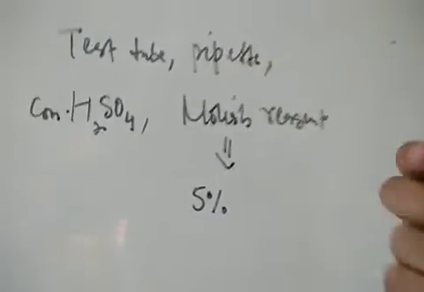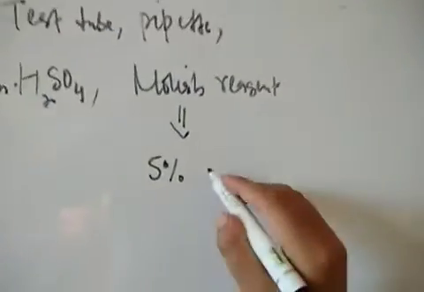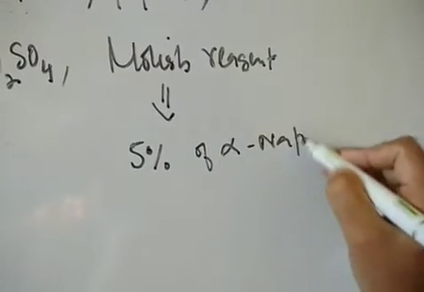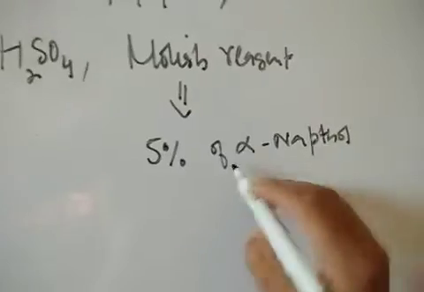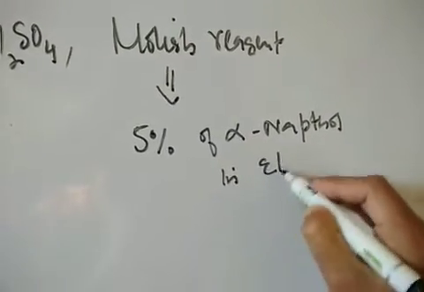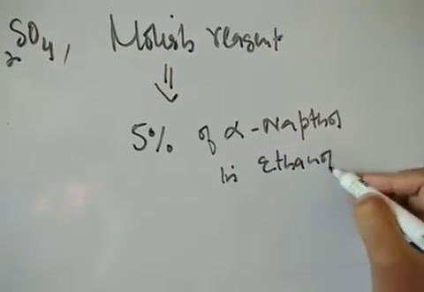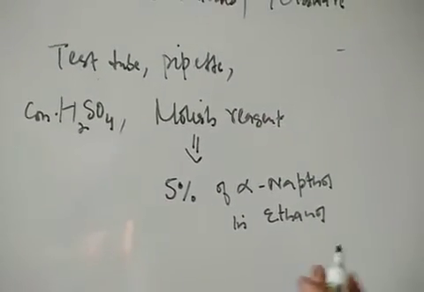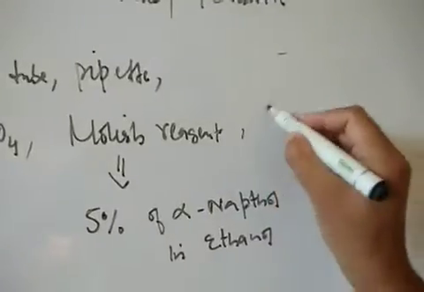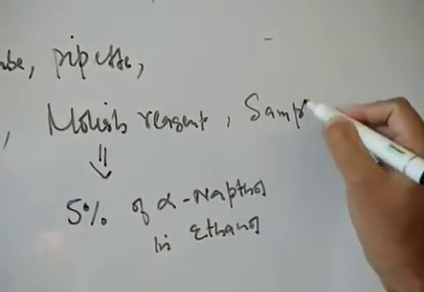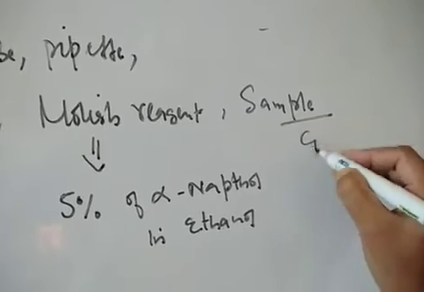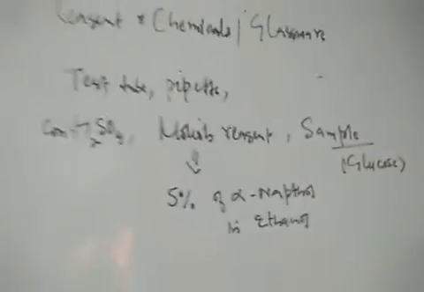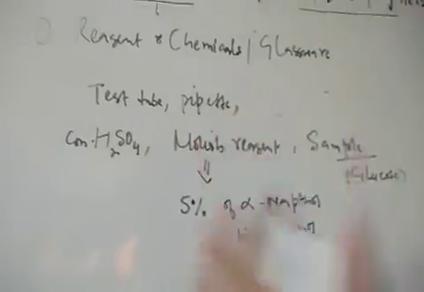That is very important. यानी जो मार्केट में अल्फा नेप्थॉल है उससे हम बनाएंगे 5% of alpha naphthol. किसमें बनाएंगे हम? In ethanol. ये बहुत इंपॉर्टेंट है. So that's your Molisch reagent. Fine. So you require sulfuric acid, Molisch reagent, and the sample जिसमें आपको डिटेक्ट करना हो. So in this case we'll take glucose, hexose sugar, 6-carbon sugar. So these are the reagents, chemicals, glassware required.